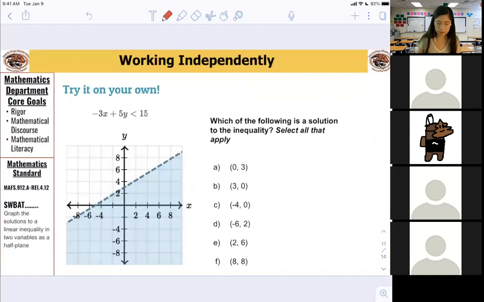All right, how about these? You guys try this one on your own. Take about a minute, look through all those points, see which ones are in, which ones are out.